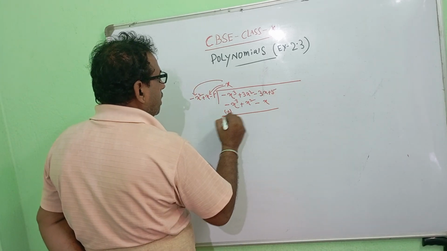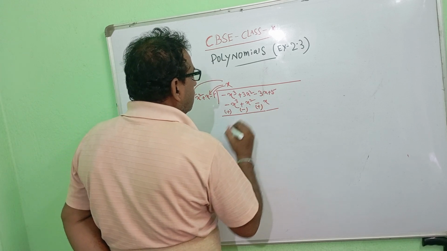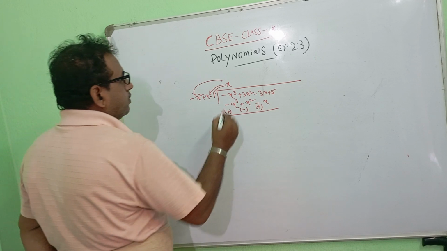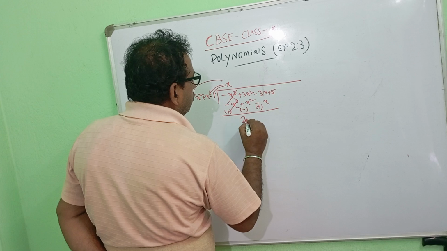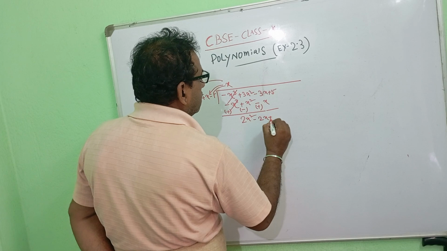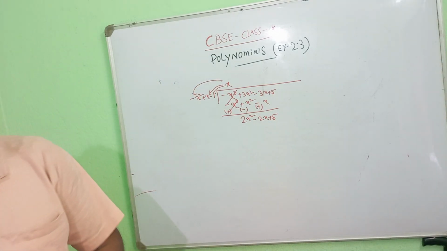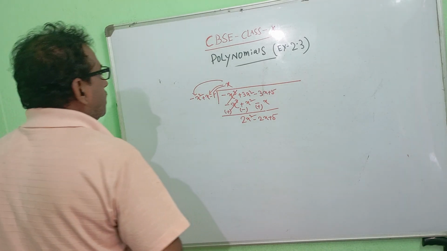This one goes to the plus, this one goes to the minus, this one goes to the plus. So what happened? These and these are cancelled, and that is 2x square minus 2x plus 5. Is this clear? This part is over.